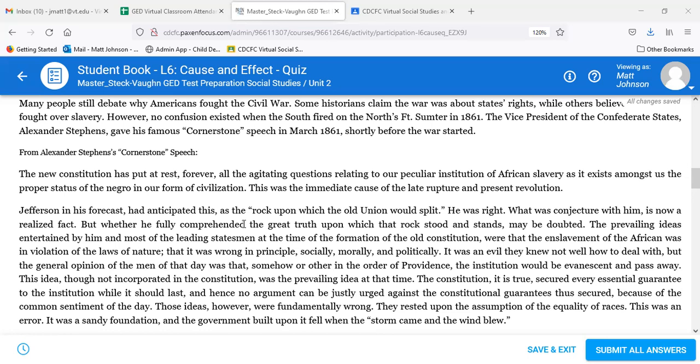This was the immediate cause of the late rupture and present revolution.